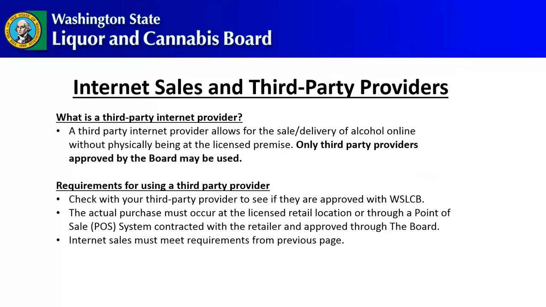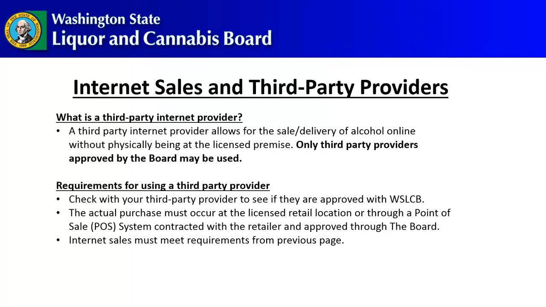You can find out that information by contacting your third-party provider. If you list a third-party provider not currently approved by the board, the provider will be reviewed by a liquor licensing supervisor before the internet sales can be approved.